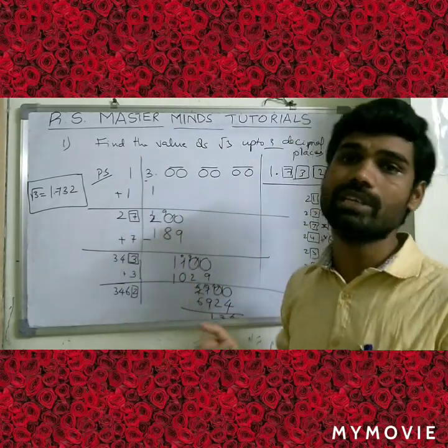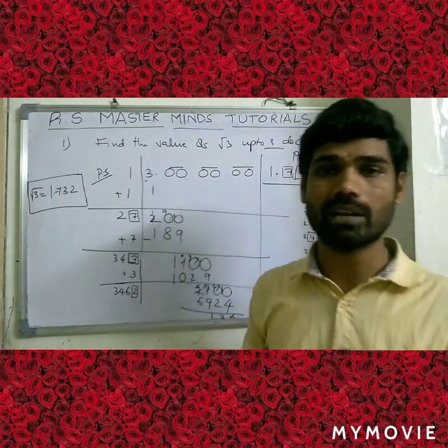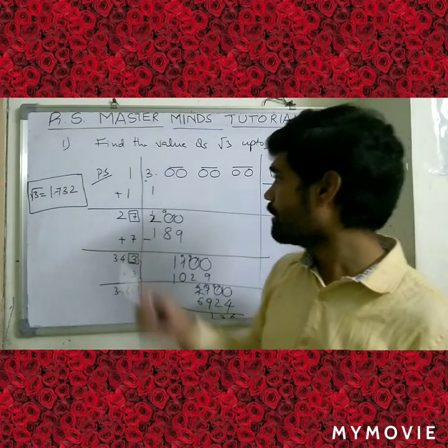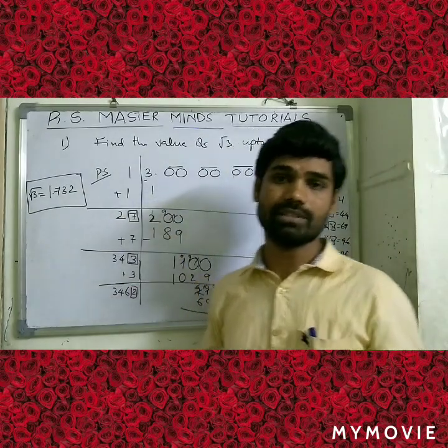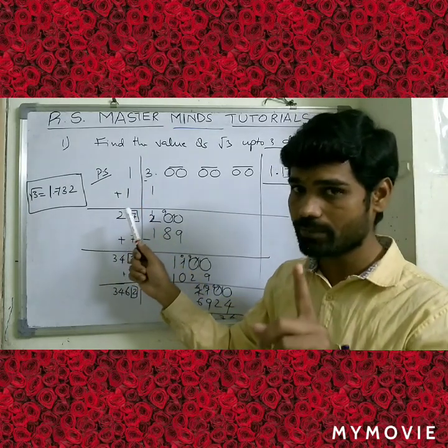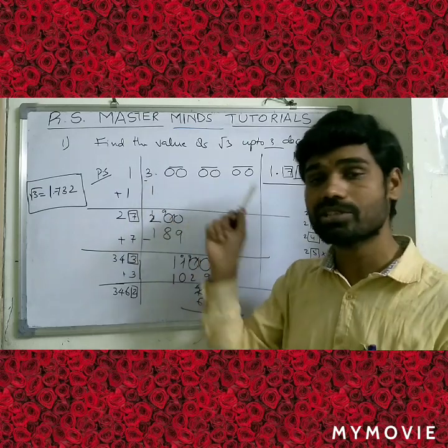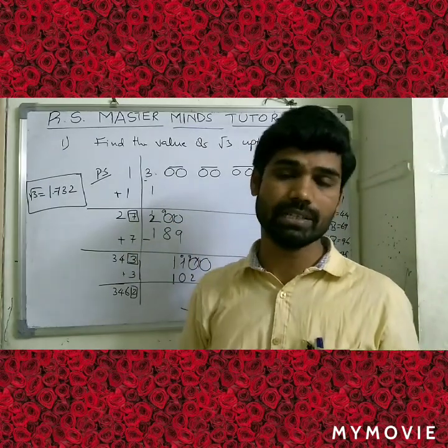So this is the way to solve for the value of an irrational number. We can find it like this, with the division method. Very important, be careful with step 1: 1 ones are 1, because the first step is always to take a perfect square.